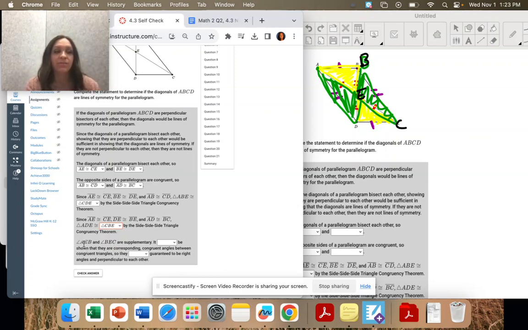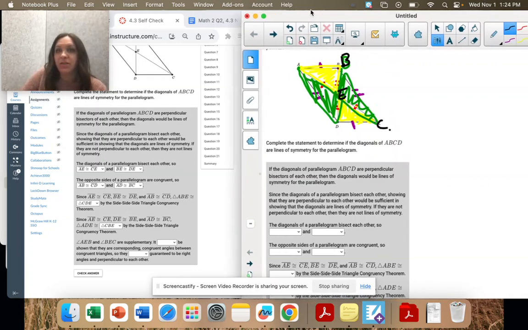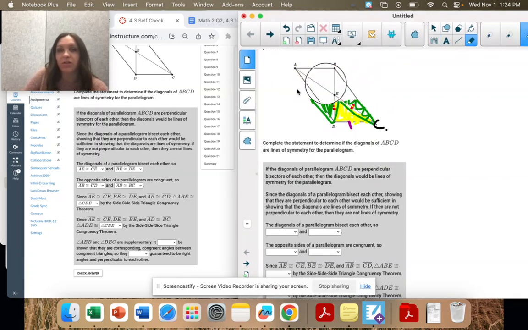Okay, we're almost done. If angle AEB and BEC are supplementary, it can or cannot be shown that they are corresponding congruent angles between congruent triangles. So they are not guaranteed to be right angles. Okay, so I need to erase this because I've marked all over it so I can see what we're talking about.